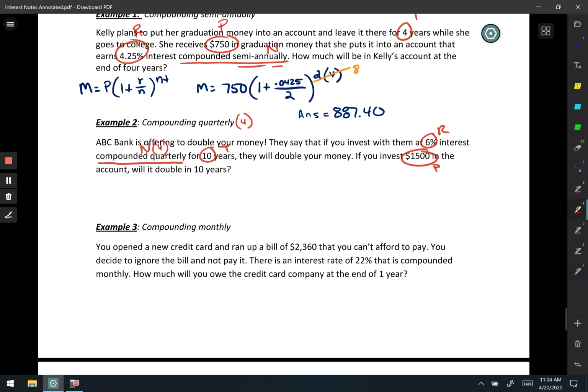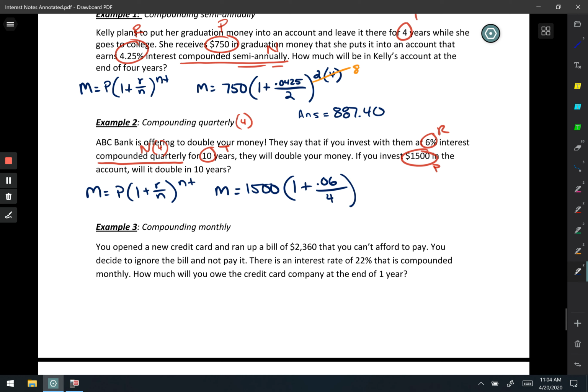Let's take our formula. M equals P times 1 plus R over N, close that, raised to NT. M equals 1,500, parenthesis, 1 plus, where's our interest? 0.06, because 6% converted to a decimal, over the number of times compounded quarterly, which is 4.